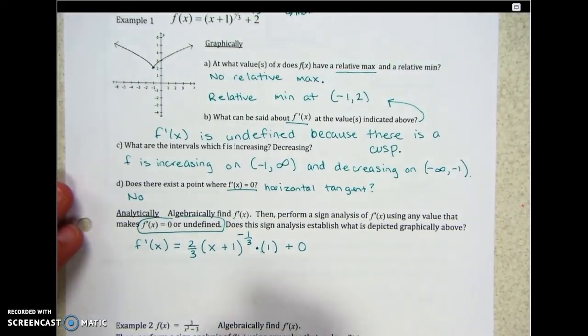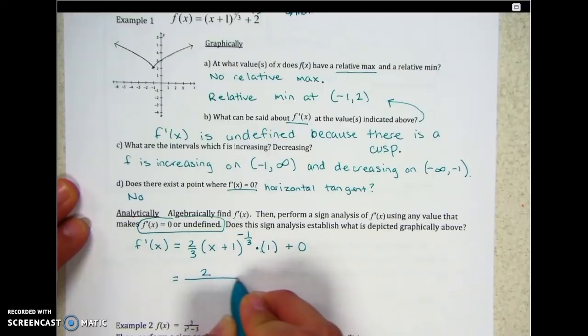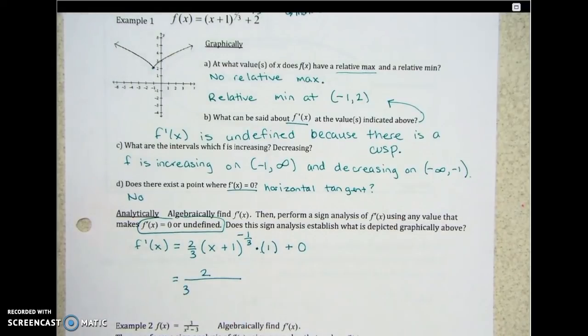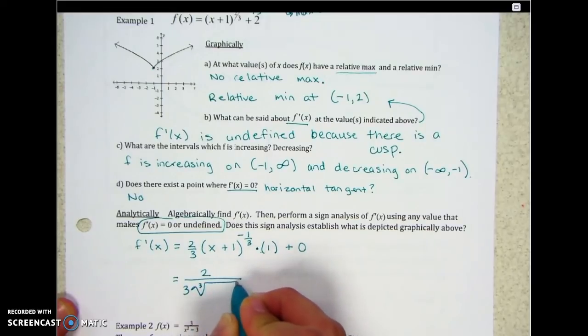Let's simplify this. What does the 1/3 power mean? A cube root, yeah? So not a square root, but a root with a 3 in here. A cube root of x plus 1.